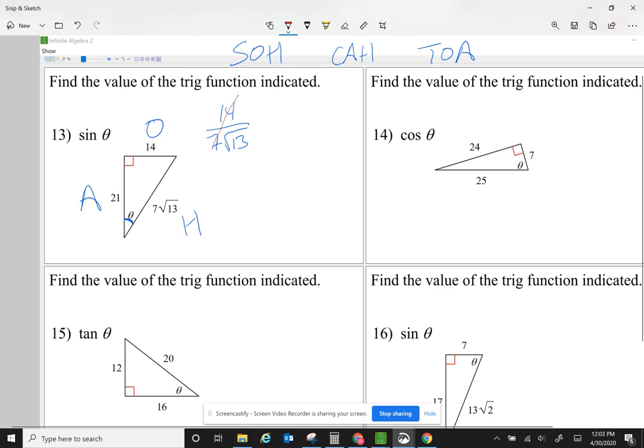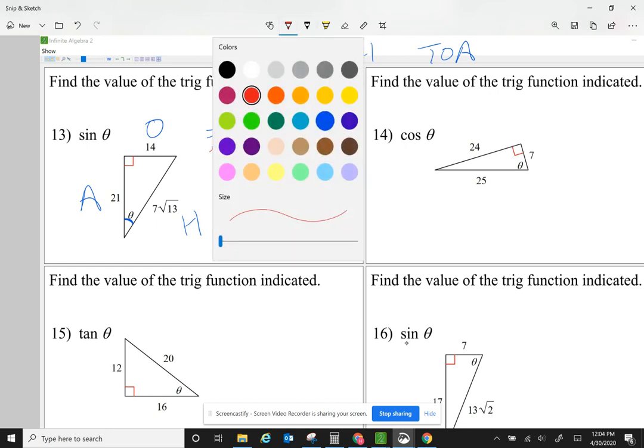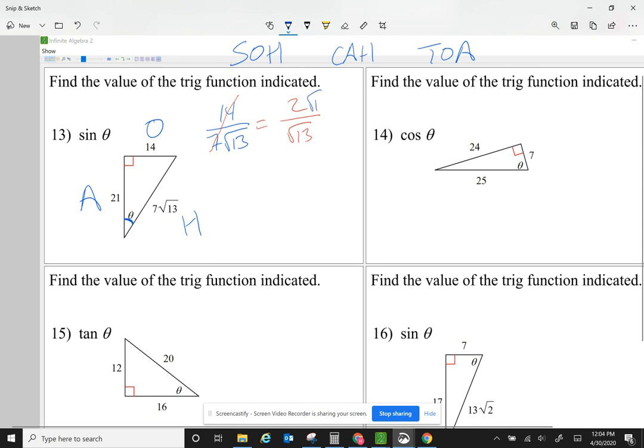First of all, let me simplify. 14 over 7. Isn't that 2 over 1? So I'm just going to have 2 over radical 13. Right? 14 divided by 7 just gave me a 2. Simplify my whole numbers first. Then, I told you guys we cannot have radicals at the bottom. So, since we have a radical at the bottom, let me multiply top and bottom by radical 13.